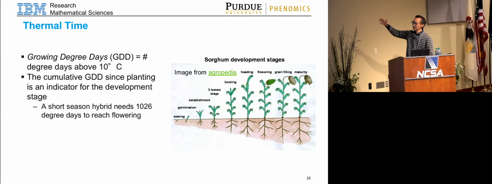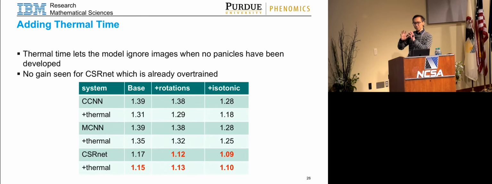So if it's 18 degrees maximum to date, it has 8. If it's 22, then it adds 12, and then you do that over the season. And supposedly it corresponds to the growing stages, development stages of sorghum. So this is another deep source of agronomy, and we put that as part of the input.